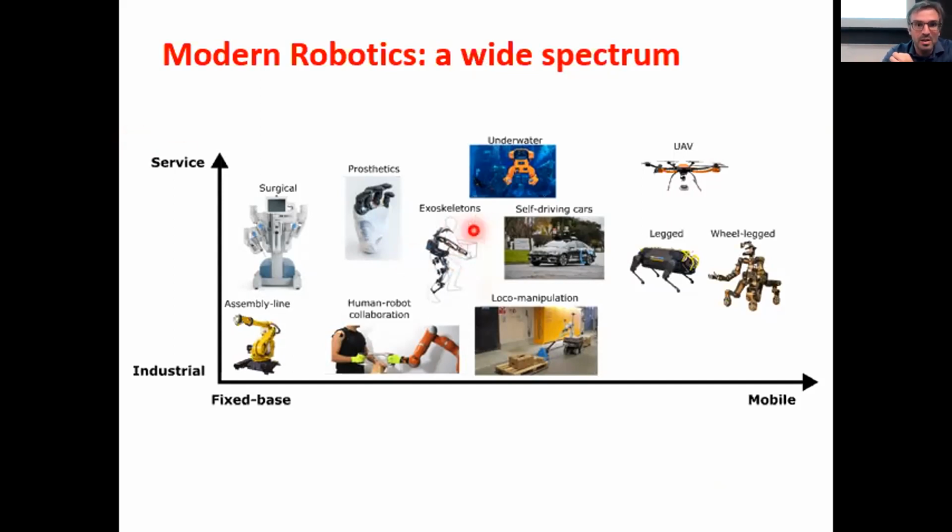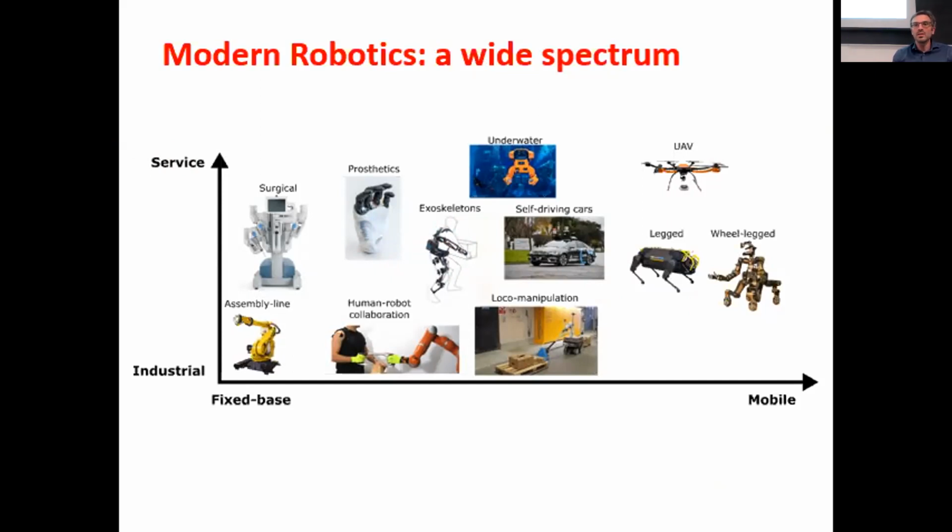Then exoskeletons are, again, robots that you can wear. The human wears this exoskeleton robot, and the exoskeleton has two functions. One, in the case of a paraplegic, a person who lost the use of his legs, it makes him able to walk and move around.